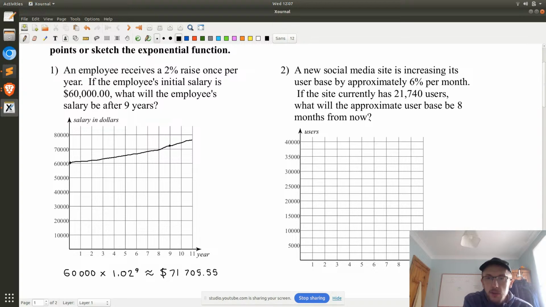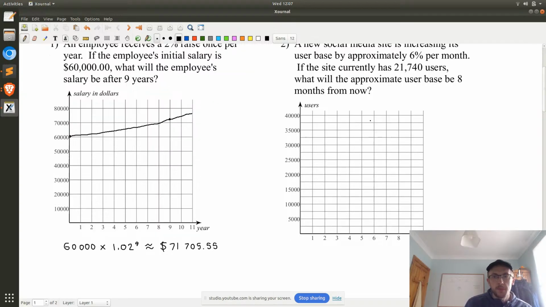a new social media site is increasing its user base by approximately 6% per month. If the site currently has 21,740 users, what will the approximate user base be 8 months from now? The answer is 21,740 times 1.06 to the 8 to the nearest whole number, because that's what makes sense for counting users.